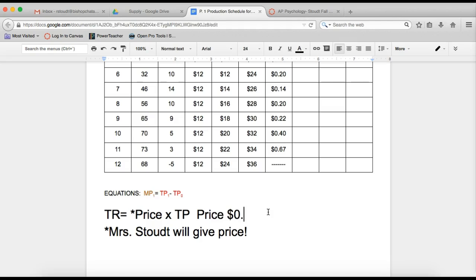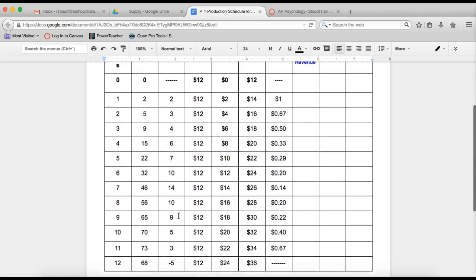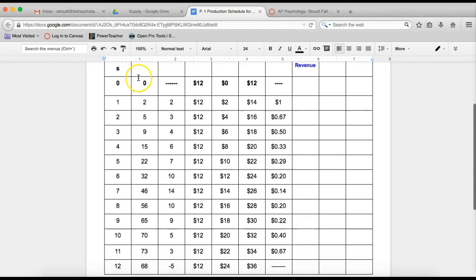I know that's an odd number, but you'll understand why. So all we're doing is taking 67 cents multiplied by the total product, this column right here. That's going to be our total revenue.